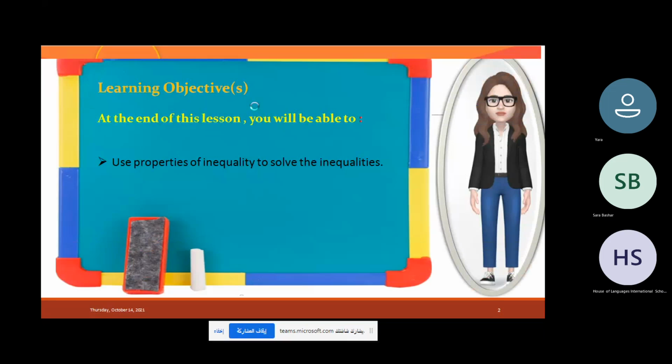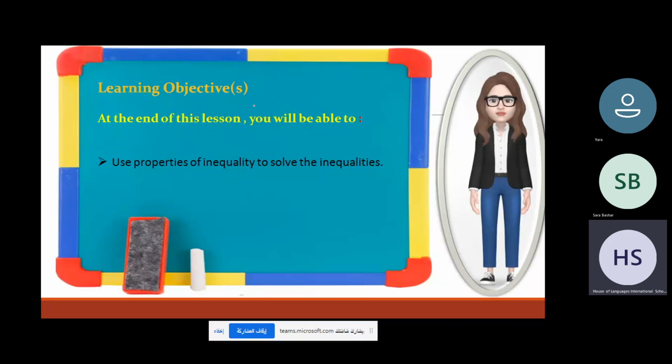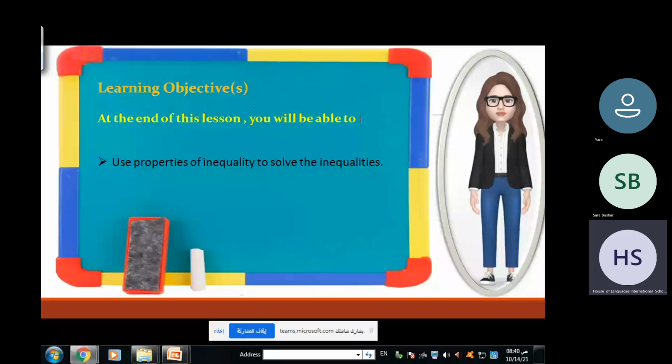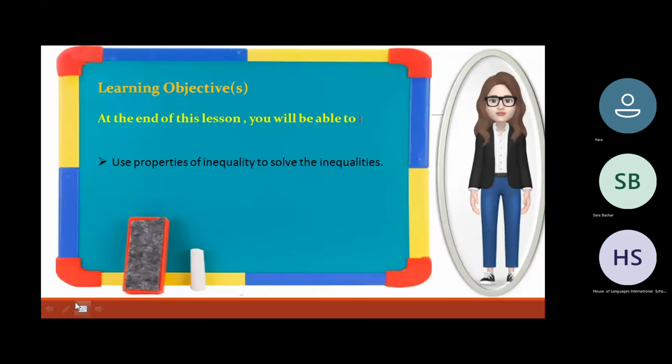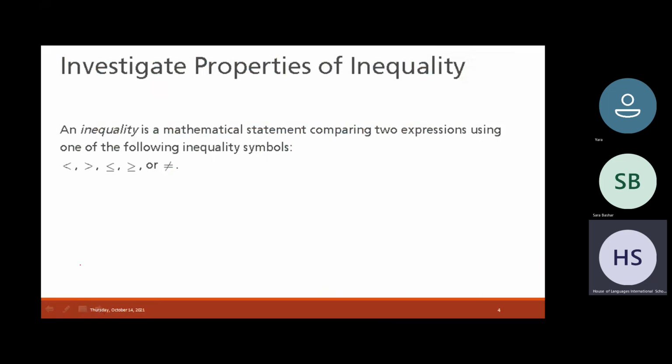Now, at the end of this lesson, you will be able to use the properties of inequality to solve the inequalities. As we have properties for the equation, we have properties for the inequalities. Now, an inequality is a mathematical statement comparing two expressions.